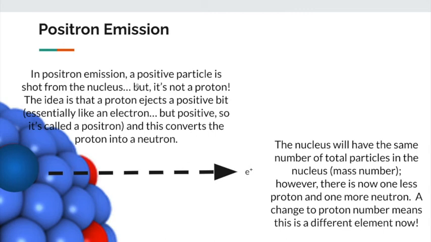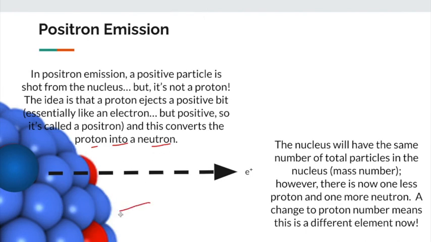We have a positive particle that flies out, kind of like a positive electron, converting a proton into a neutron. Now, the million-dollar question: will this change the element? And hopefully you've gotten the idea that yes, it will, because it is causing a different number of protons. In this example, we would have fewer protons now because we converted a proton into a neutron.